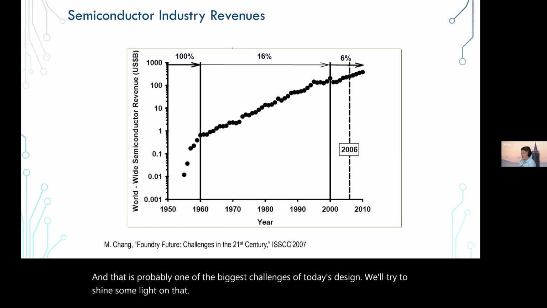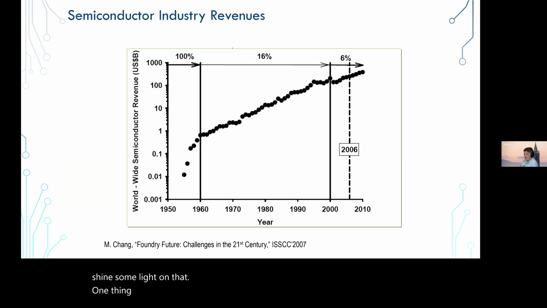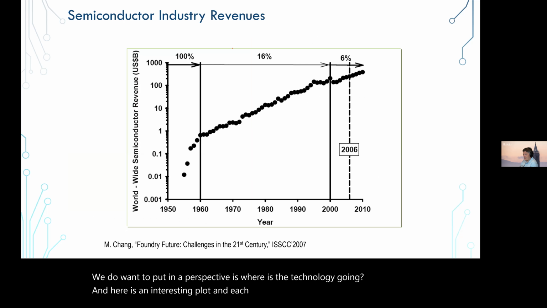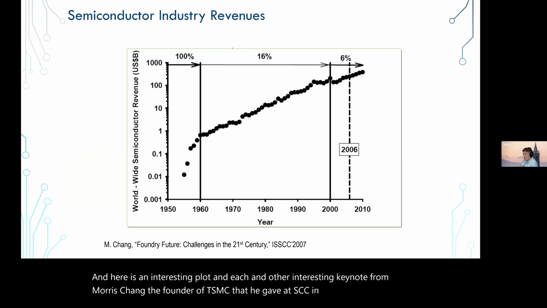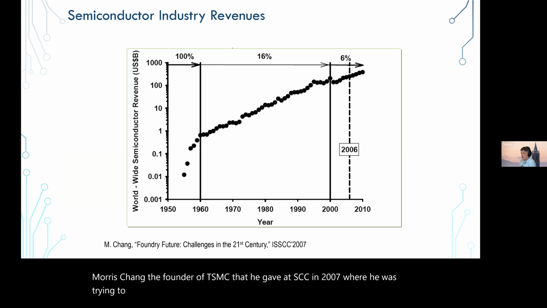One thing that we do want to put in perspective is, where is the technology going? And here is an interesting plot and another interesting keynote from Morris Chang, the founder of TSMC, that he gave at ISSCC in 2007, where he was trying to put the semiconductor industry in perspective of where it fits in the world.